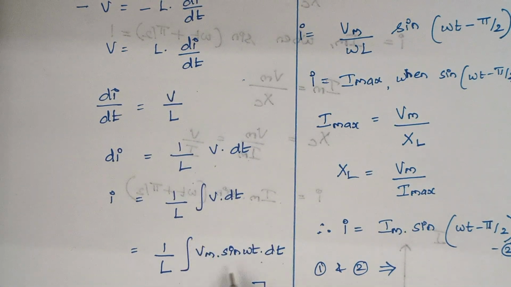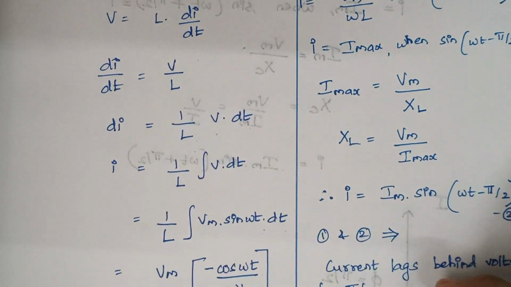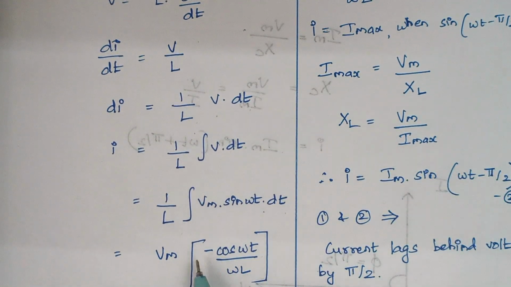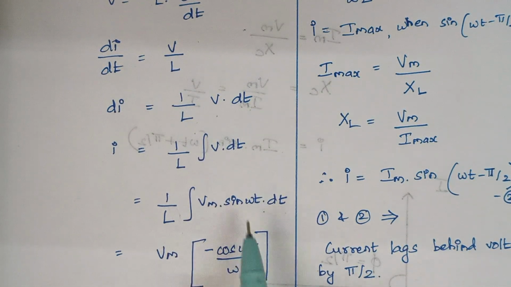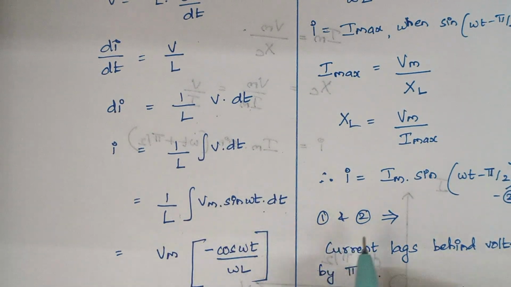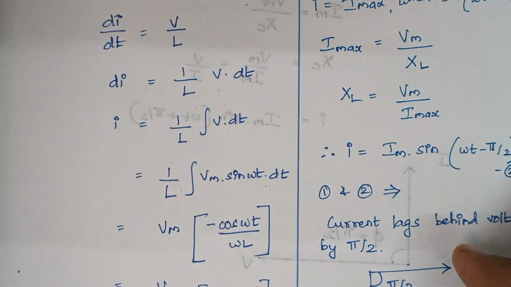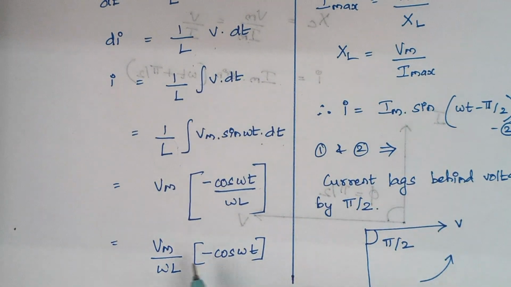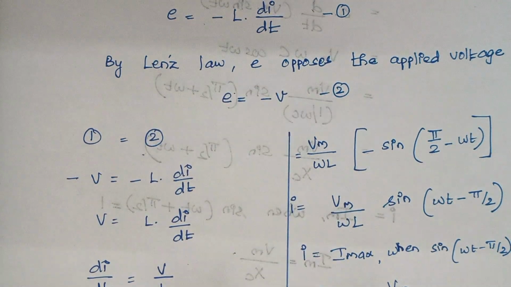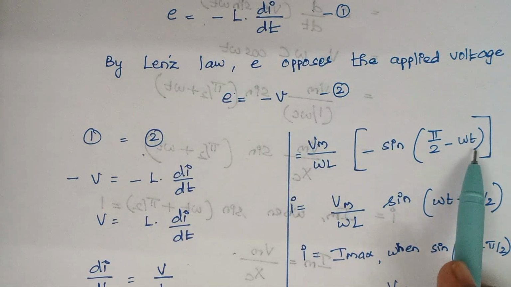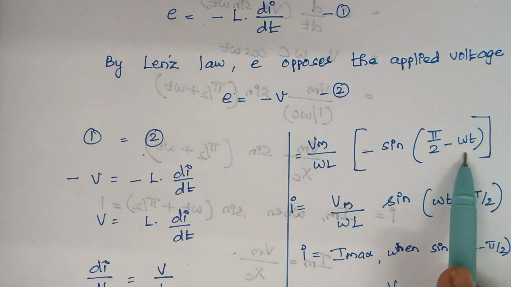Now when you integrate this term, you see it becomes minus cos omega t divided by omega, and this L comes here, right? And again, when you rearrange, we have Vm by omega L into minus cos omega t. So this cos omega t is written as sine of 90 minus theta, right?